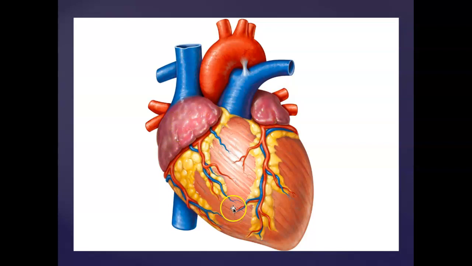And then when the right ventricle contracts to pump it out the pulmonary trunk to go to the lungs, there's another bypass system where that blood can actually bypass the lungs altogether and go right into the arterial supply, into the systemic circulation through the aorta.